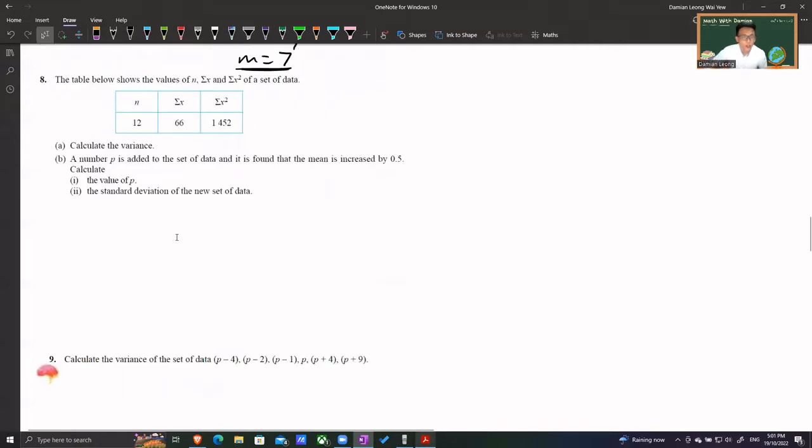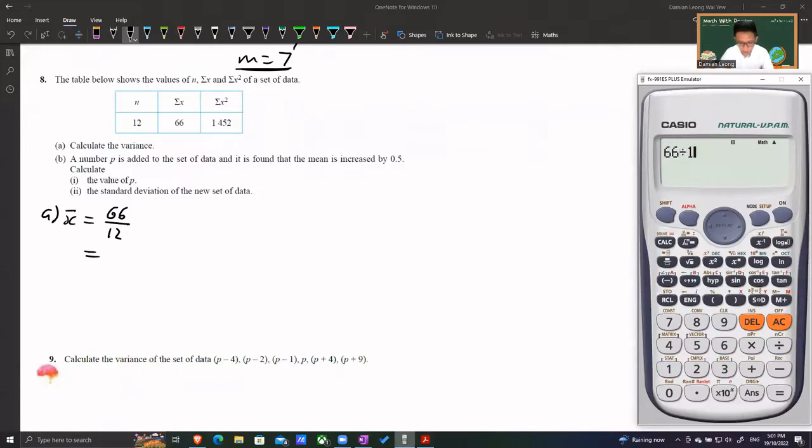Then we look at question 8. Table here shows n, sum of x squared for a set of data. So Part A, calculate the variance. Let's find the mean first. Sum of x over n. 66 divided by 12 is 5.5.